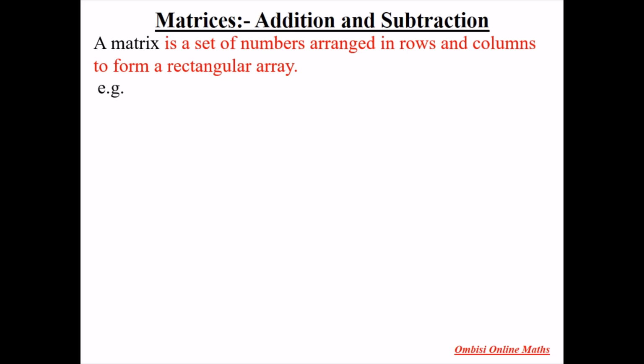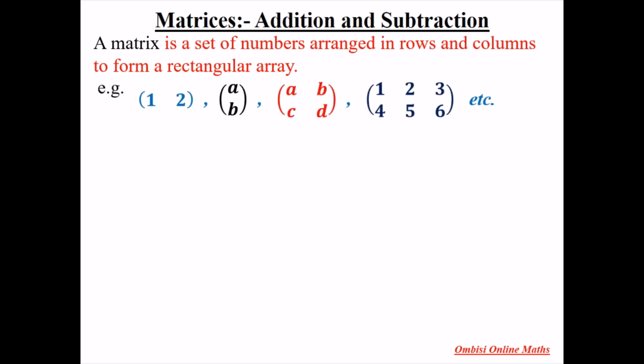For example, 1, 2 is a matrix having two elements, just one row and two columns. We have A, B, which is also a matrix, having one column and two rows. We also have a matrix A, B, C, D, which has two rows and two columns.